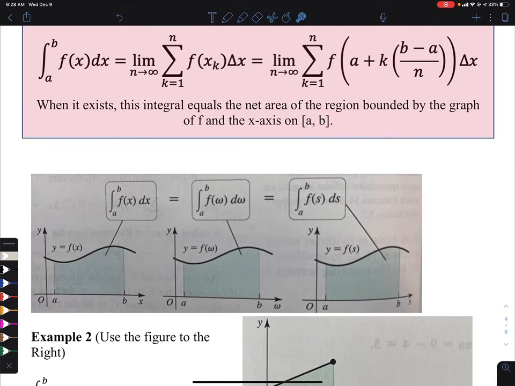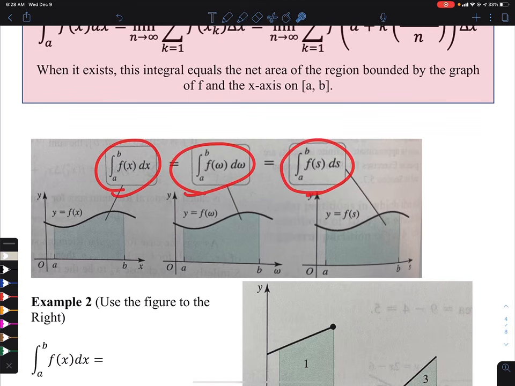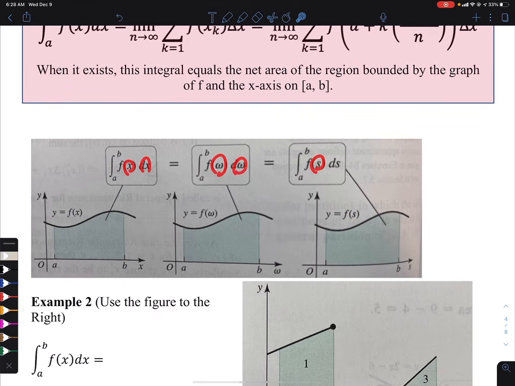A couple of notes, and this is bothersome for some people, but what's the difference between these three things? They have different variables, x, w, and s. But if I were to graph all these three, the only difference between the graphs, one would have an x for the x-axis, one would have a w, it's actually a Greek letter, but we'll call it w, and one would have an s for the x-axis.